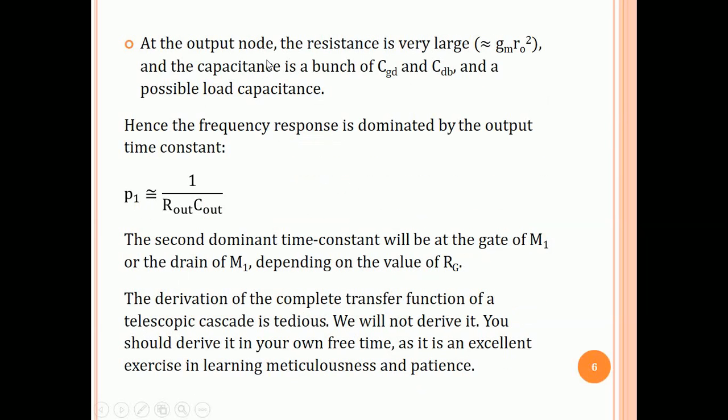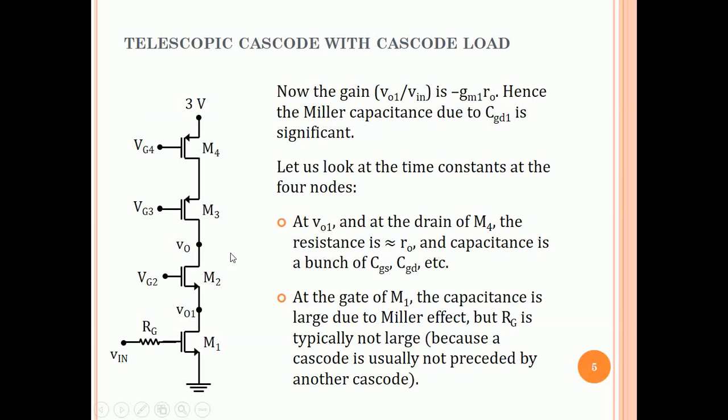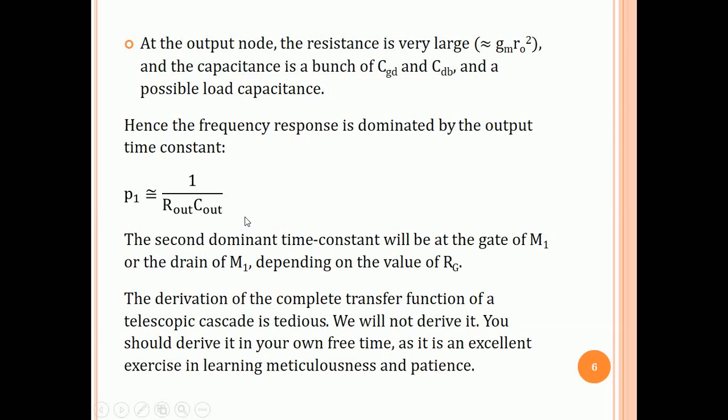Typically, therefore, in a telescopic cascode, the output time constant, because of the very large RO, dominates the dominant pole, right? The dominant pole, as you know, is basically 1 over the sum of all the time constants. The time constant at the output node dominates, and that is because of the large R out.